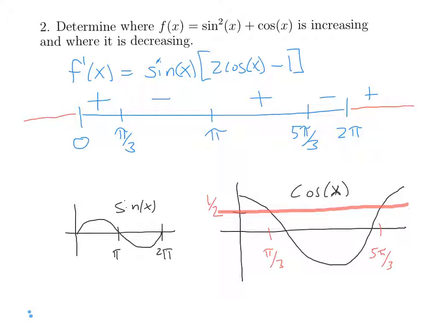And similarly, we know just to the left of 0 is the exact same as just to the left of 2 pi, so that's negative. And so all told, we can see we must have a local minimum here, a local maximum at pi thirds, a min at pi, a local max at 5 pi thirds, and a local min at 2 pi.